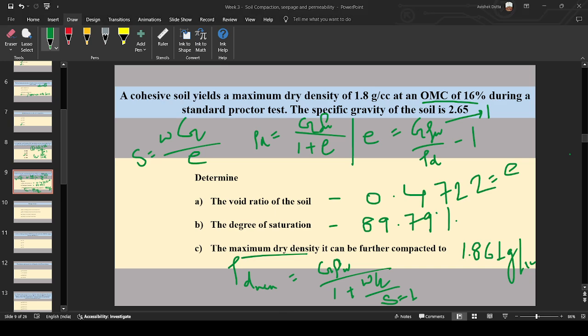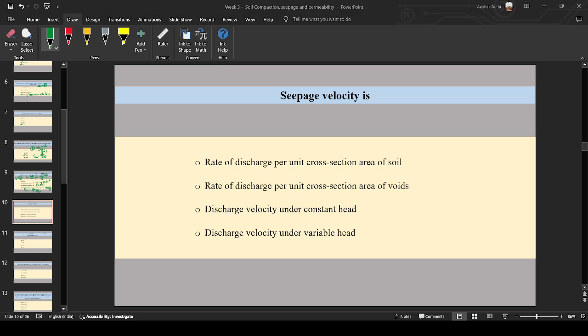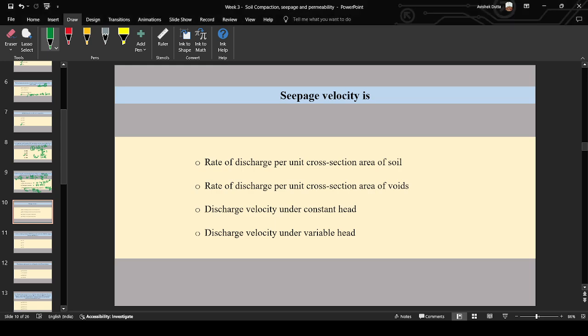I'll go to the next question. What is seepage velocity? There are two terms, one is seepage velocity, one is discharge velocity. In the case of seepage velocity, it is the actual velocity, not considering the entire soil cross section.